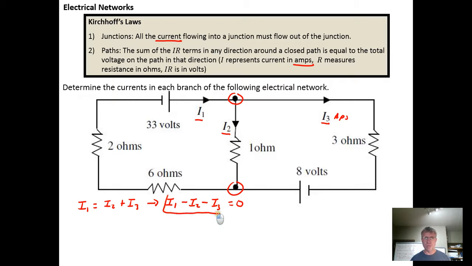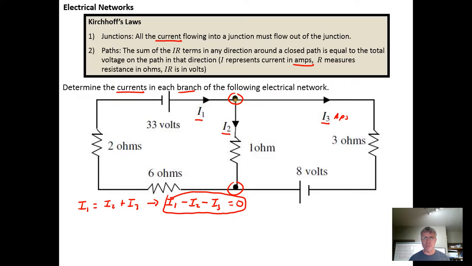So here's an equation, and notice there are three unknowns. What we're going to want to solve for is the current, and the I's represent the current, the electrons per unit time in amps, moving through each branch of this electrical network. So we really have three unknowns that need to be solved for. Each current goes with a specific wire.